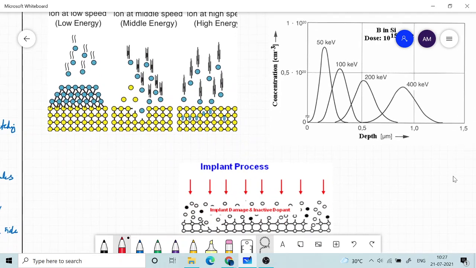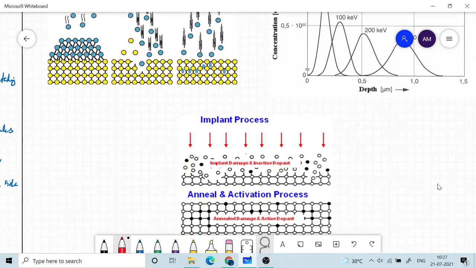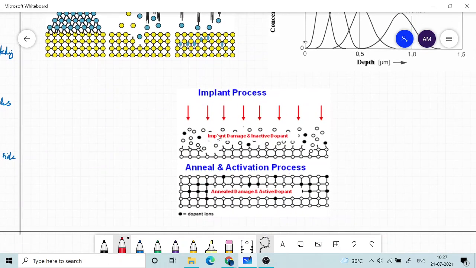Now after this process, the entire crystalline structure will get messed up. The impurity atom will be sitting somewhere, and the silicon bonds will get broken in many places, with a lot of dislocations. This is what I said, rupture of the crystalline structure.